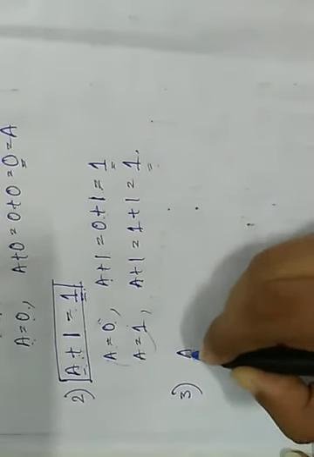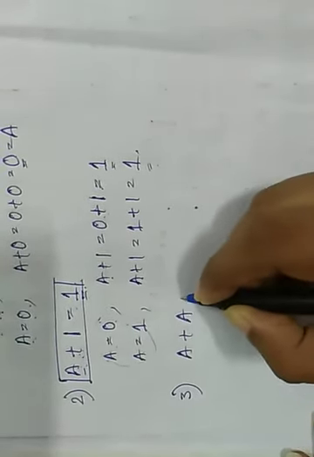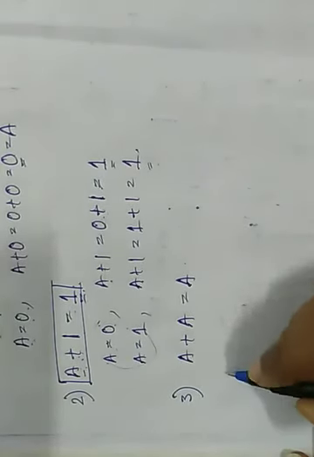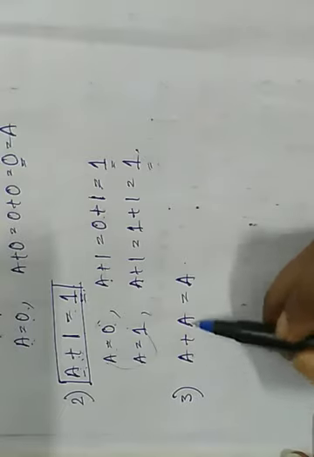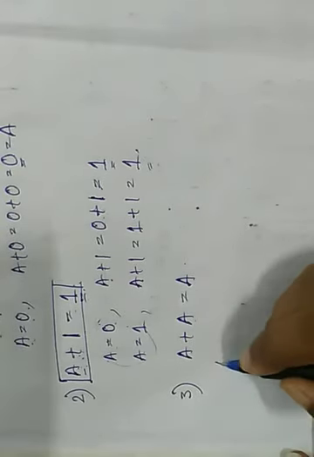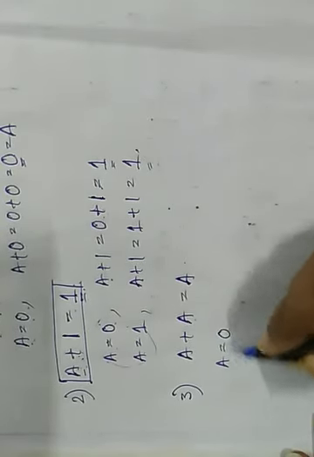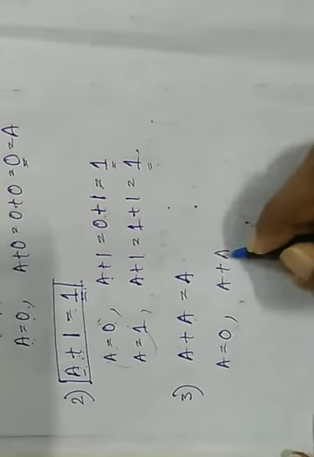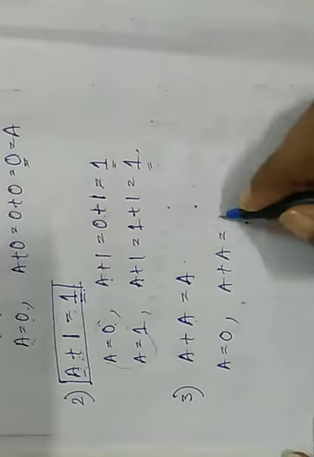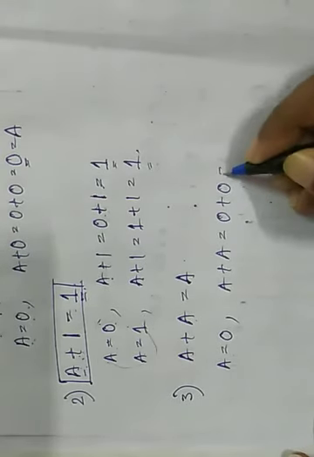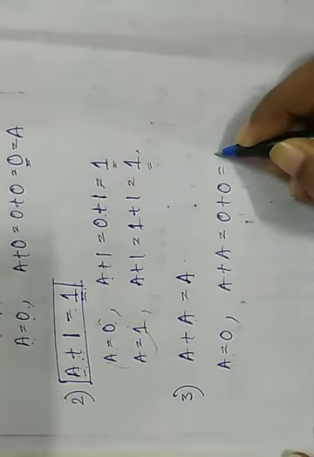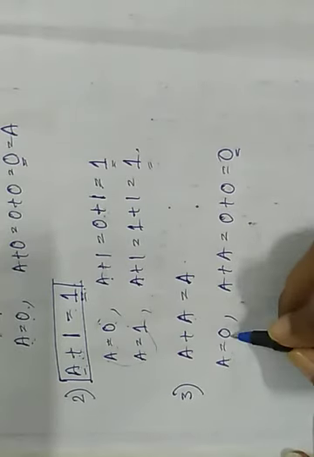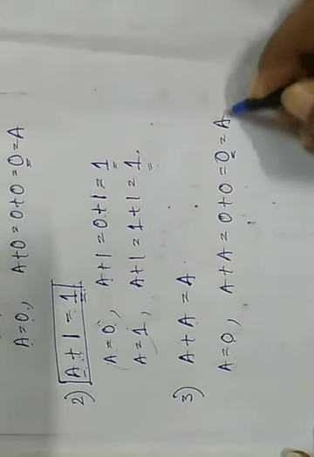Now our third identity is a plus a equals a. Clear? Let us see. We use only one variable here, so the value of a is either 0 or 1. Suppose a is 0. So a plus a means, putting the value of a, 0 plus 0 equals 0. Since we took a is 0, we can say a.